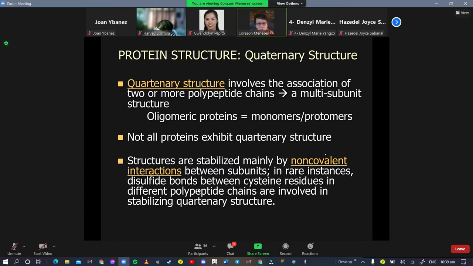So not all proteins exhibit a quaternary structure. Meaning to say, not all proteins have more than one polypeptide chain. So with this statement, what is it telling us? Proteins become functional in their quaternary structure, or at least they have to be in their tertiary structure, and for others, they have to be in the quaternary structure. Is that clear? Okay.